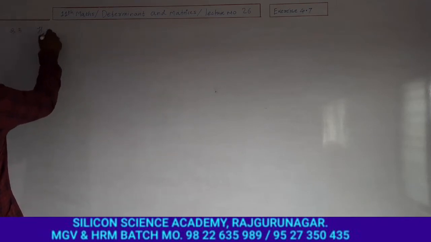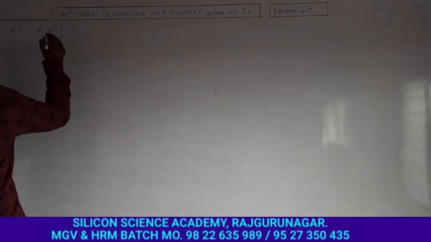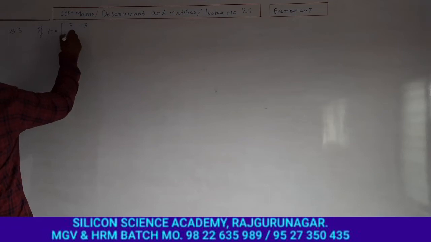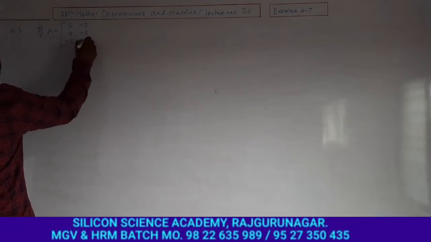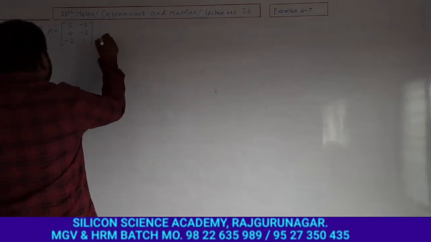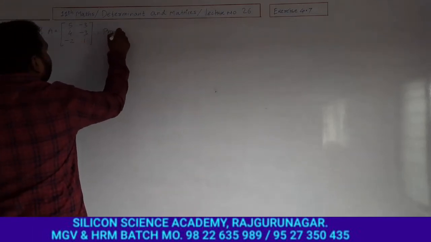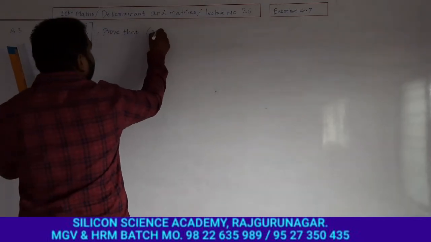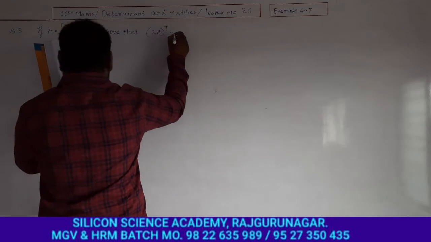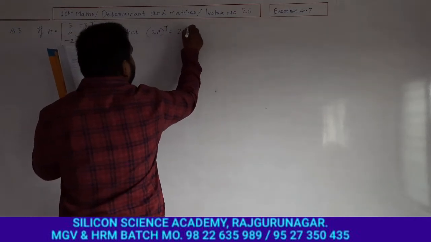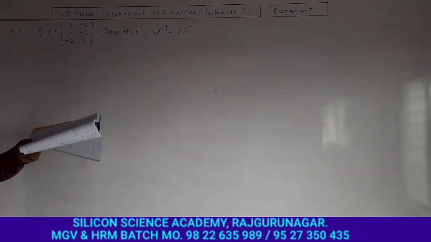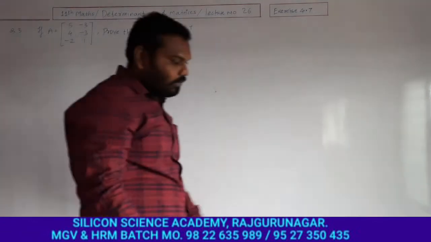If A is equal to 5 minus 3, 5 minus 3, 4 minus 3, minus 2 1, then prove that 2A transpose is equal to 2A transpose. We prove that 2A bracket transpose is equal to 2 into A transpose.